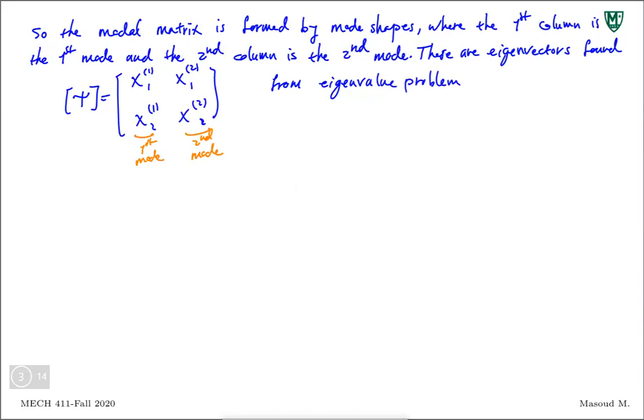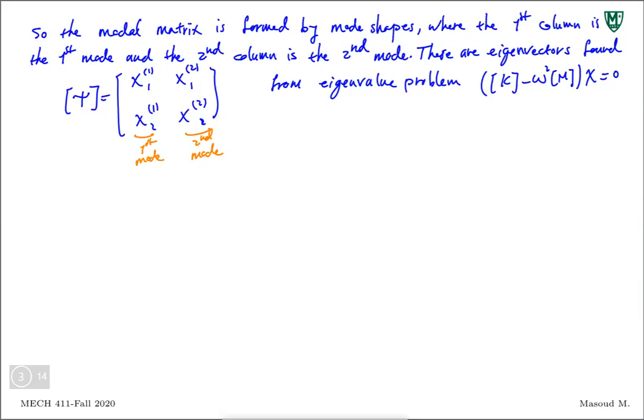Remember, it was k minus omega squared m times x is equal to 0. Knowing the eigenvalues, we could find eigenvectors. These are eigenvectors. Now, the question that comes up is, why do we do this? What is wrong with being in the physical domain? Why do you want to make a transformation and go from the physical domain to some modal domain?